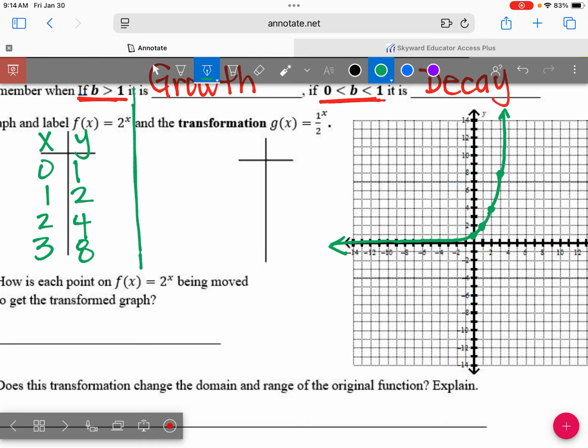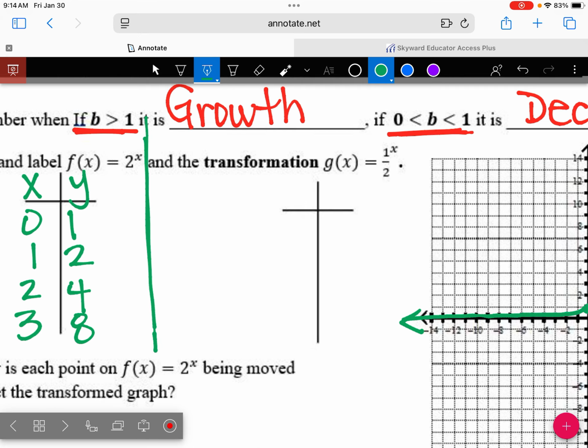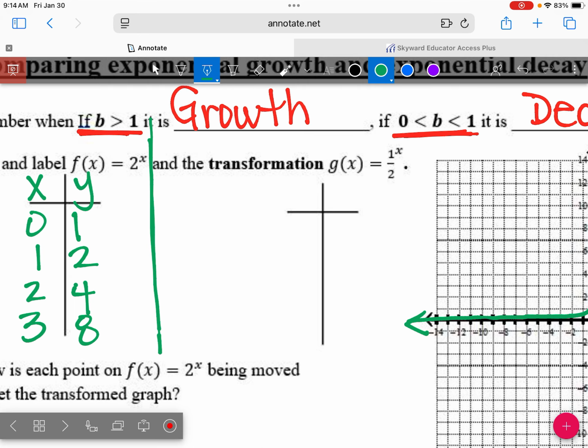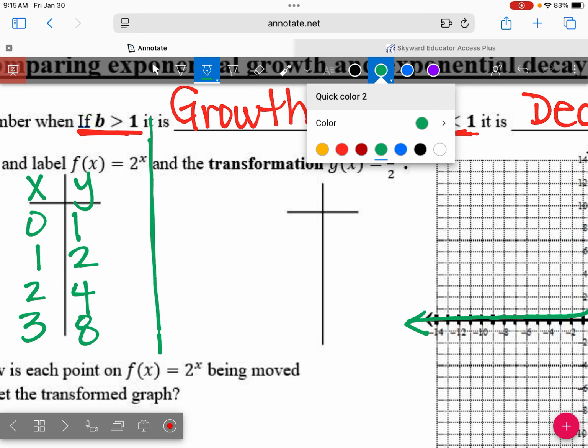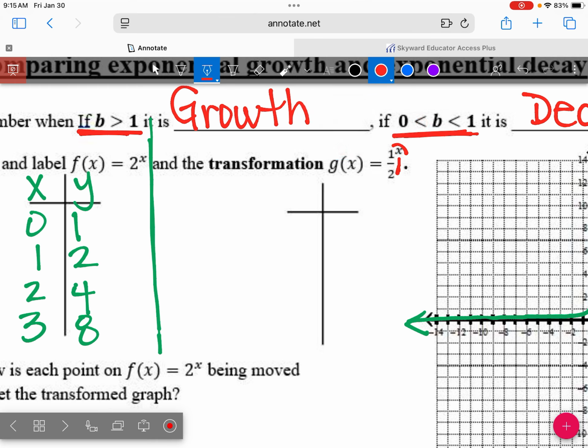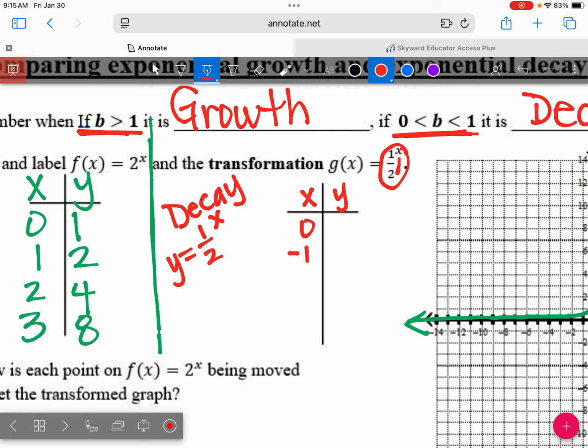All right, so that's my growth graph. So now let's look at the second one. 1/2 is not greater than 1. 1/2 is a fraction, so that would be decay. So this function is decay. The difference with decay, though, is that I'm going to use 0, -1, -2, and -3.